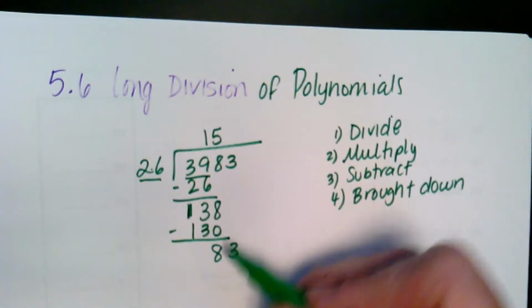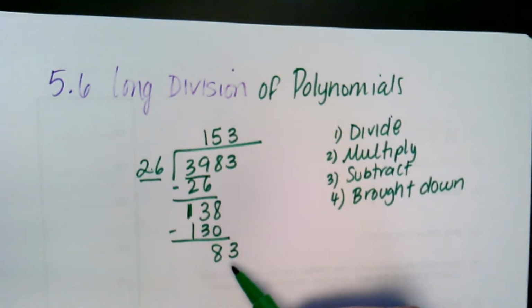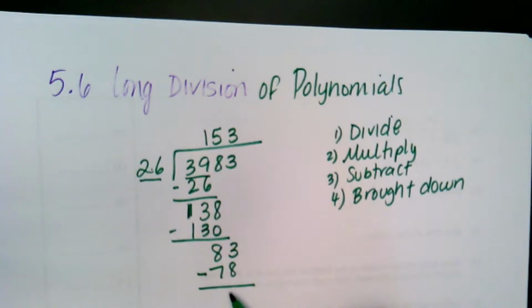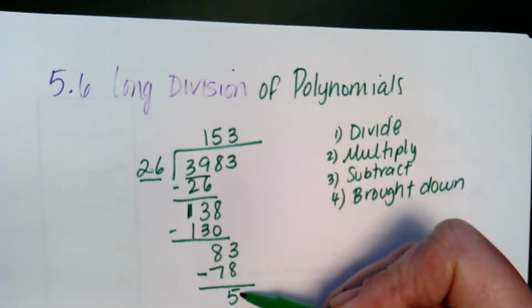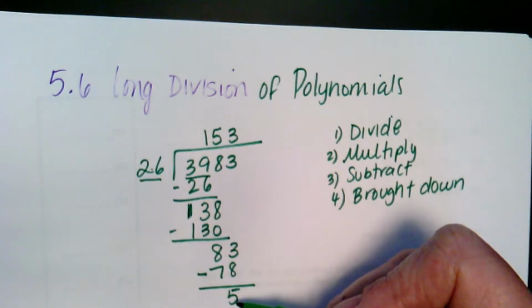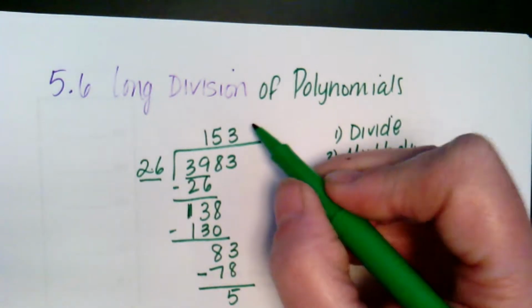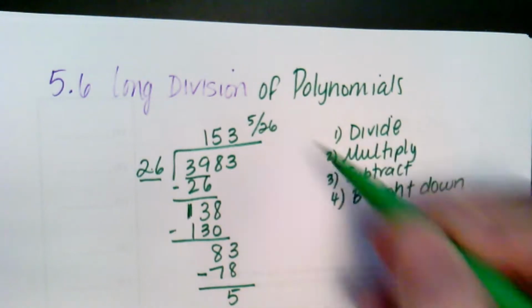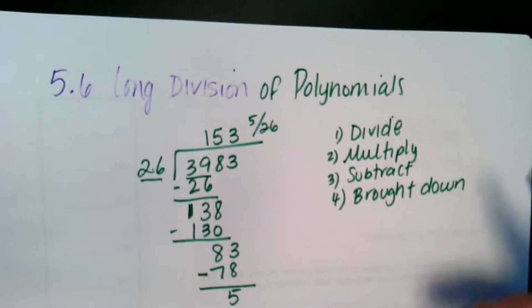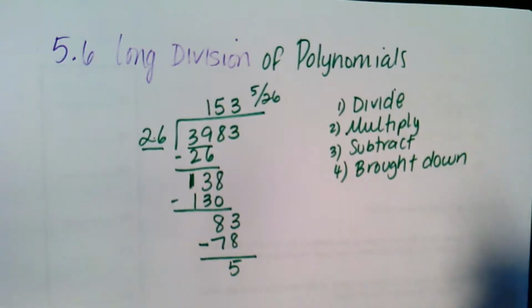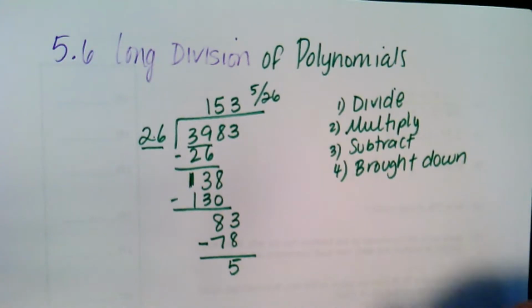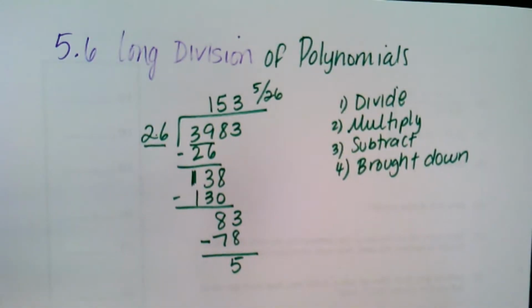How many times does 26 go into 83? 3 times. 78. Subtract. We don't have anything else to bring down, so this is our leftover. Now we would say 153 and 5 26ths, or we could keep going and use a decimal, but for the purpose of this section, we're going to do it in a fraction way.